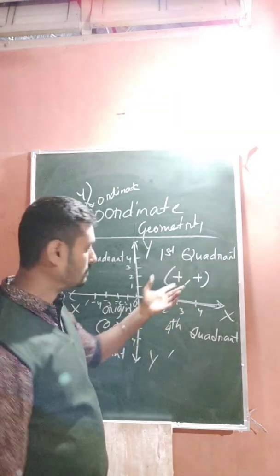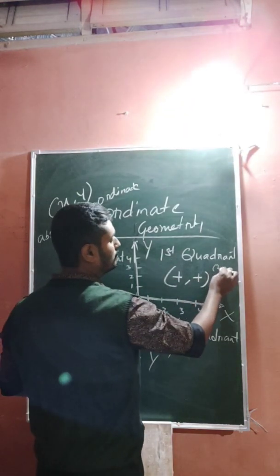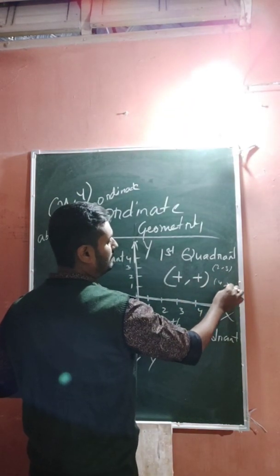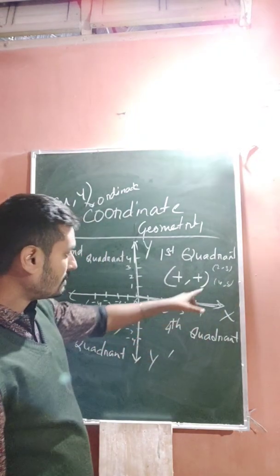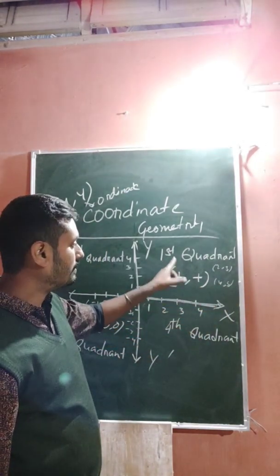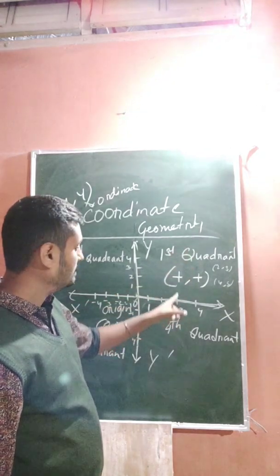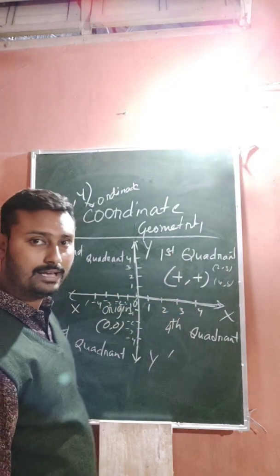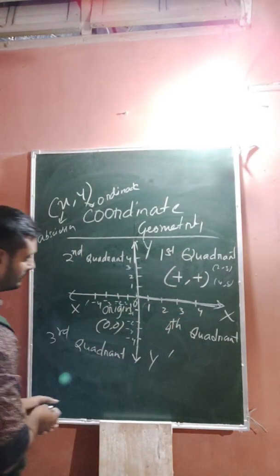Suppose the point (2, 3), suppose (4, 5), like this. So a point in the first quadrant always has positive coordinates.